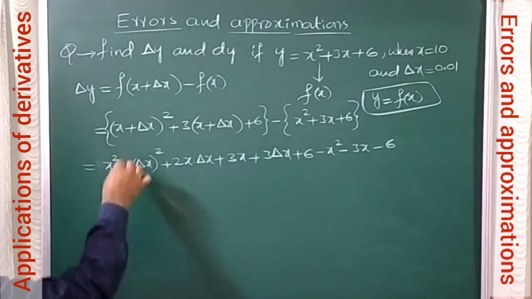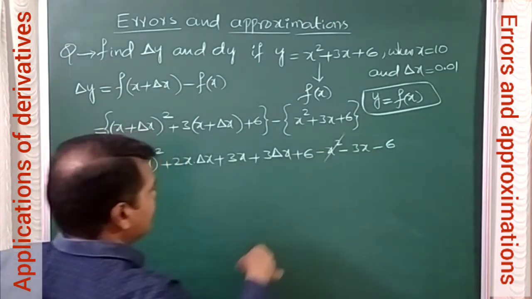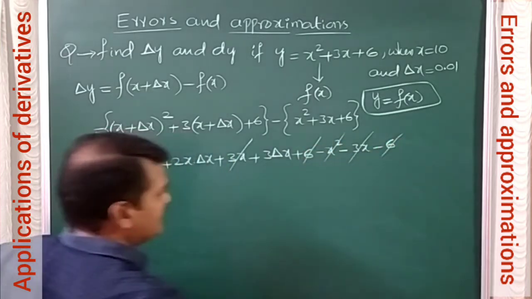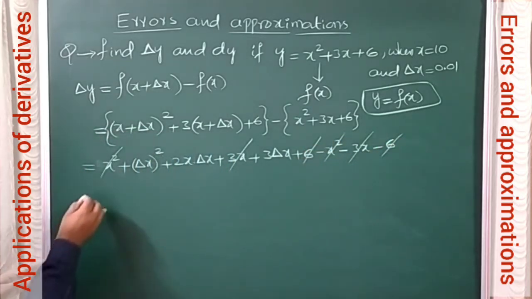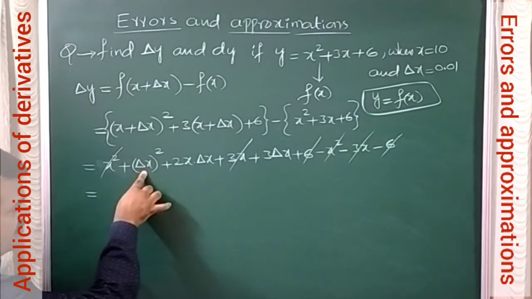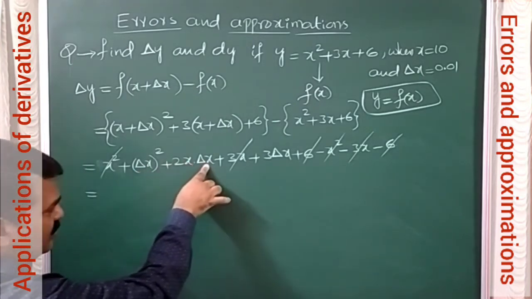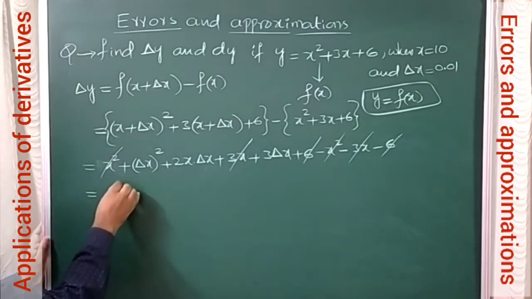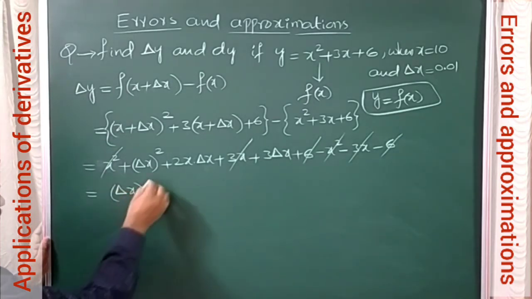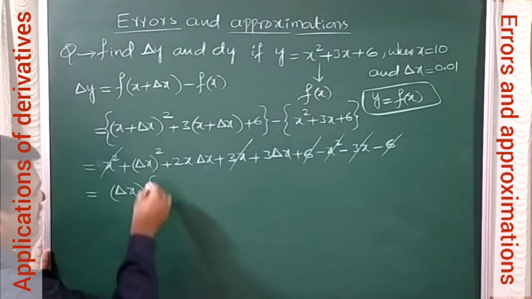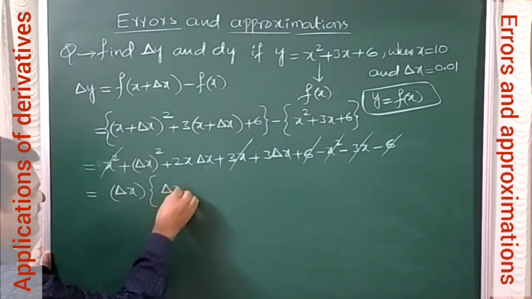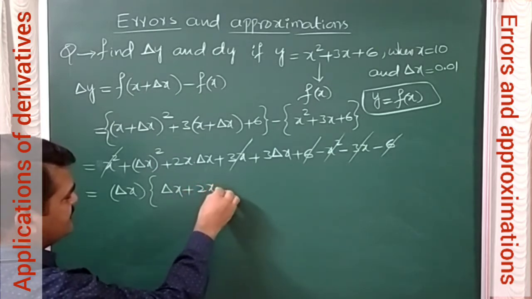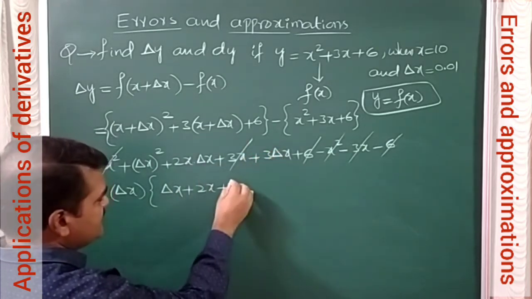Now you can see that x square minus x square is cancelled, 3x minus 3x cancelled, 6 minus 6 cancelled. What is left now? (Delta x) whole square plus 2 into x into delta x plus 3 into delta x is left. So take delta x common now. So we will get delta x times (delta x plus 2x plus 3).